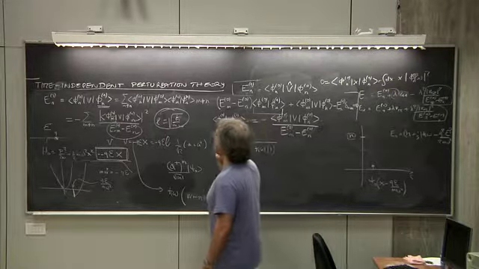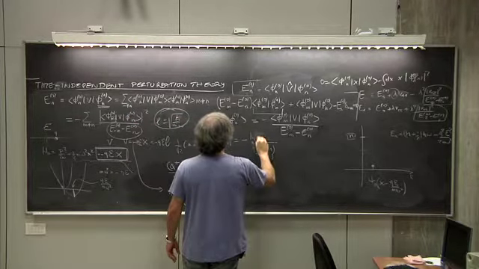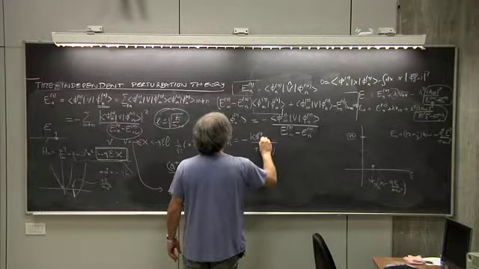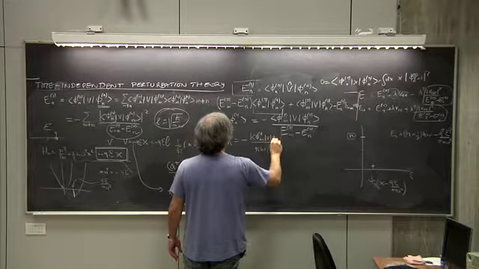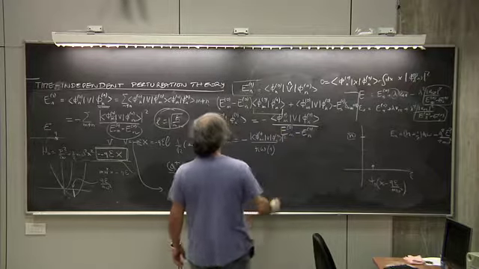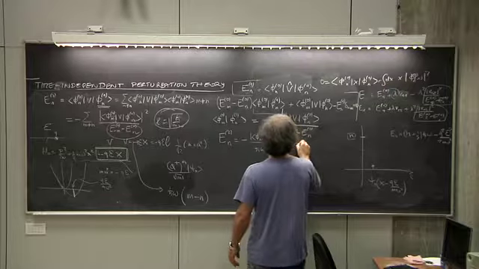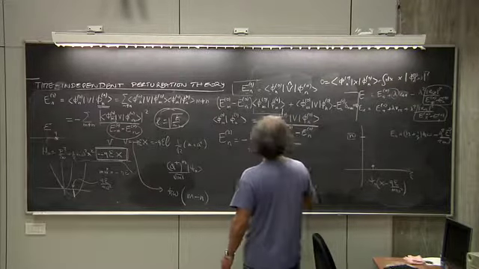The numerator is the square modulus, let me first write it: phi 0 n plus 1 V phi 0 n, modulus square. And then in general I have also another term, this minus.